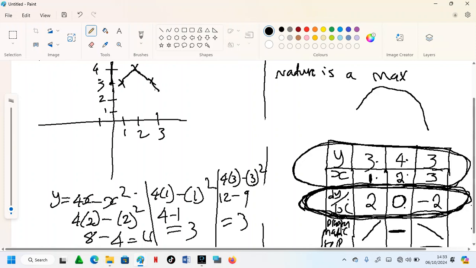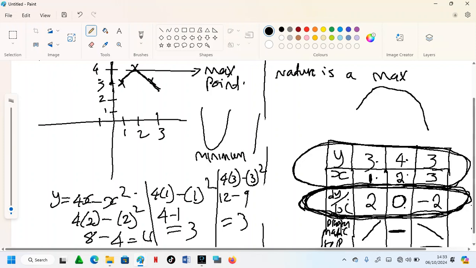So that is how your sketch will look, and you can see it's a maximum point. All right? For the people who just want to remember very fast, you can just say U is a minimum point, inverted U, or N, is a maximum point. And it is pretty much a basic thing to remember.